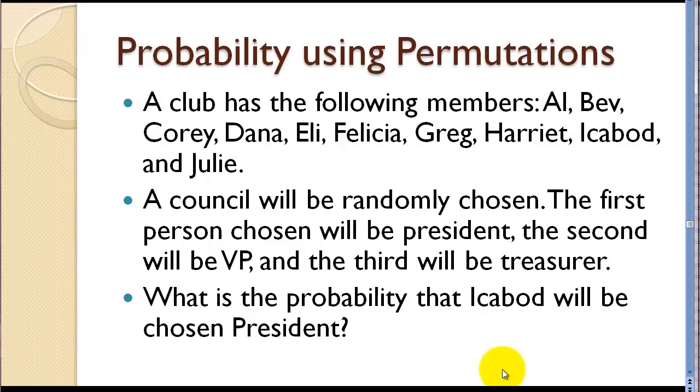So in the example, we've got a club that has the set of members that I listed here. And in our first example, we're going to be picking a council. In this case, the first person chosen will be the president, second the VP, and third the treasurer. So since we have positions assigned, this is going to be a permutations problem.